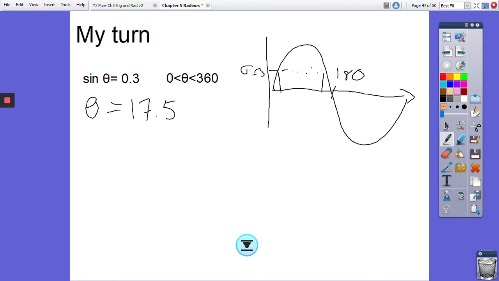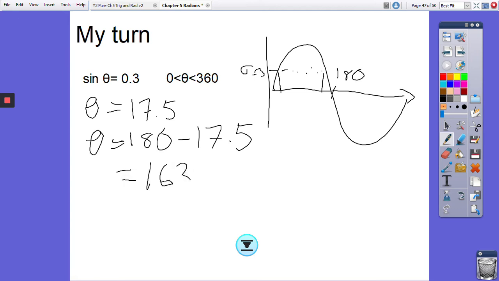And as I've said already, the second value is going to be equal to theta equals 180 minus 17.5, which is 163 if you round to 3 SF. Hopefully that's good revision for you. Pause the video now, make notes on that, and then let's have a look at how we do this in radians.